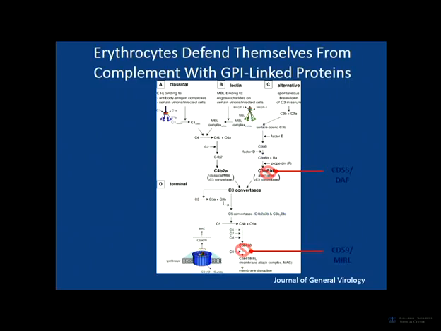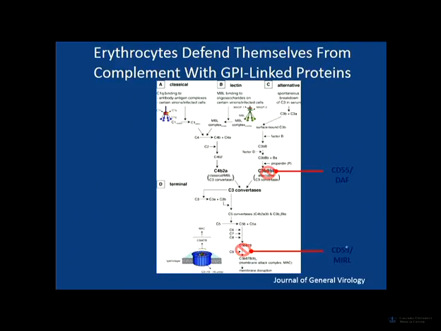This is how it looks. These are the three different pathways for complement activation. Erythrocytes and other blood cells have two proteins on their surface to defend themselves from constitutive complement activation. One of them is called CD55. It's also called DAF, for decay accelerating factor, and that turns off this part of the complement cascade.